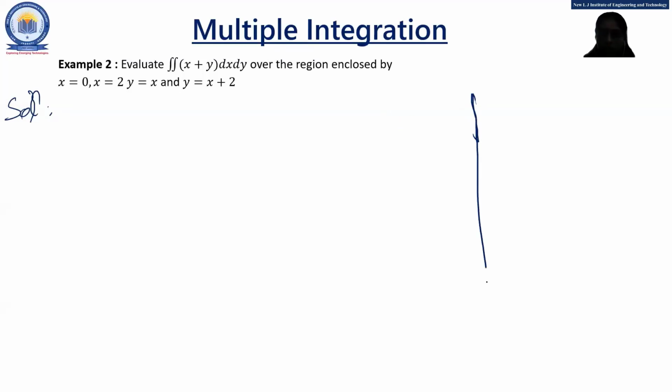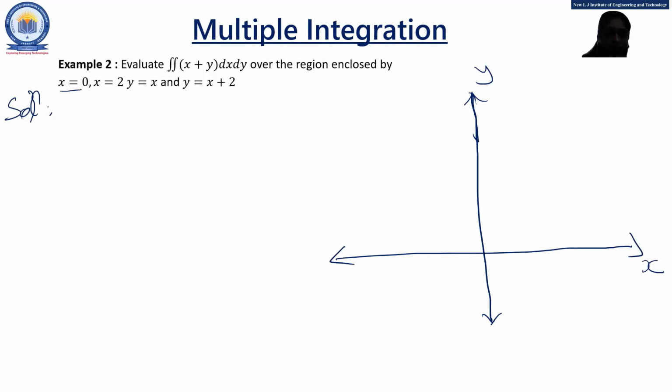This is my y-axis, right? This one is x-axis. So first one, x equal to 0. What does it mean? X equal to 0 means the y-axis, right? X equal to 2 means a line which passes through x equal to 2. The next, y equal to x.